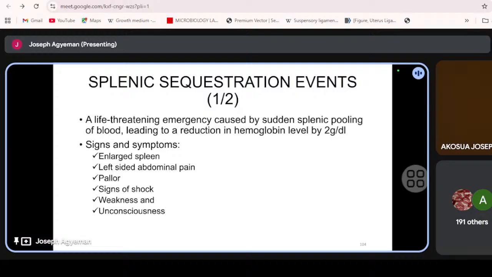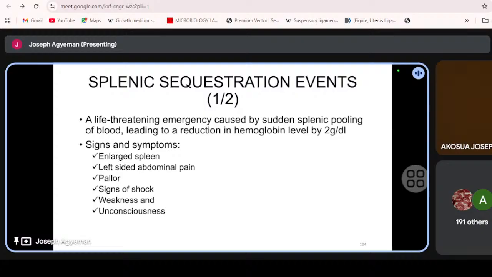Infections are common because of their spleen issues, and therefore you must protect them. Either you give antibiotic prophylaxis or vaccines for vaccine-preventable infections. Make sure that the patient receives that vaccine, because the patient is at risk of infections. There is reduced immunity in this patient. The spleen is always in trouble. All right. Okay, let's continue.